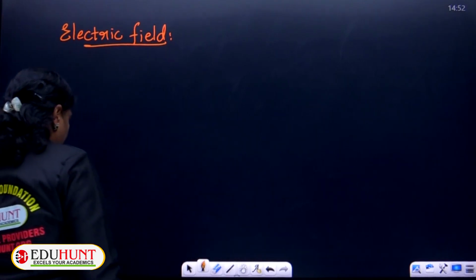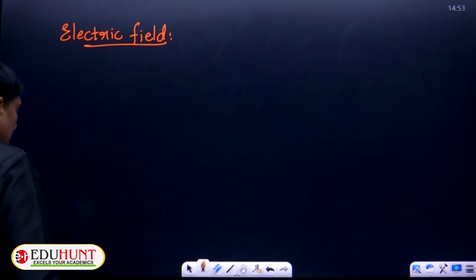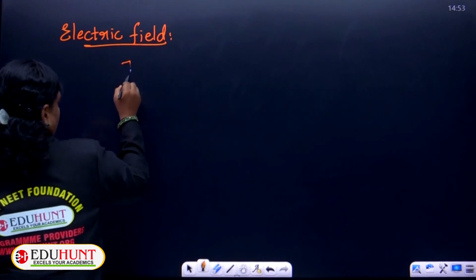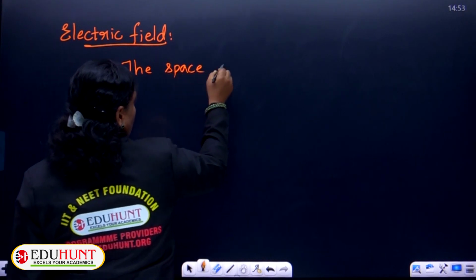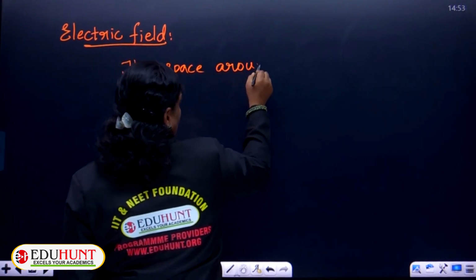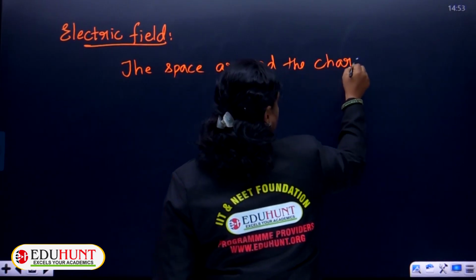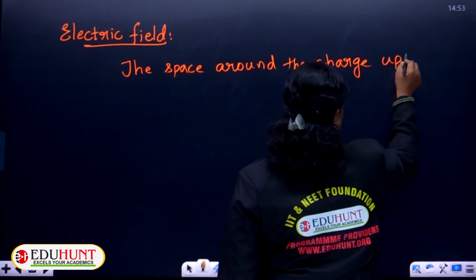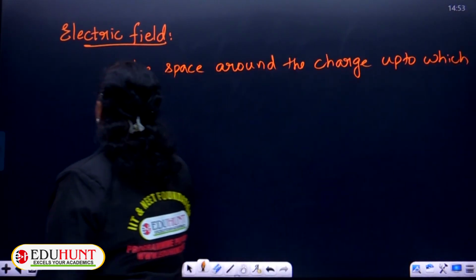So, what is an electric field, children? The space around the charge up to which its influence is felt.